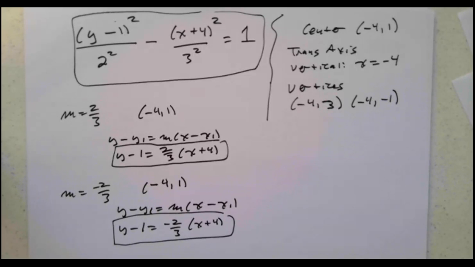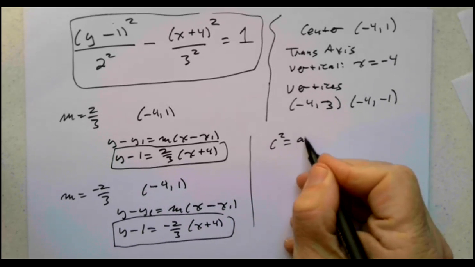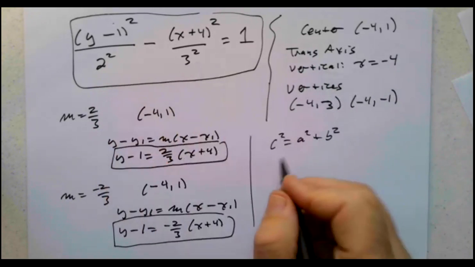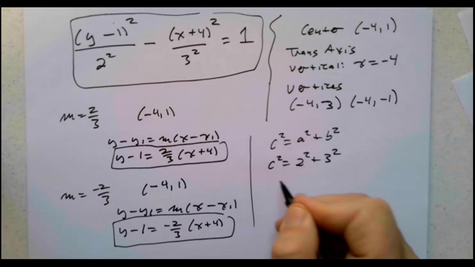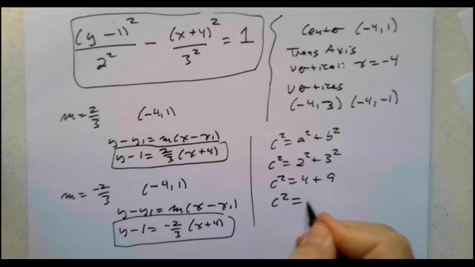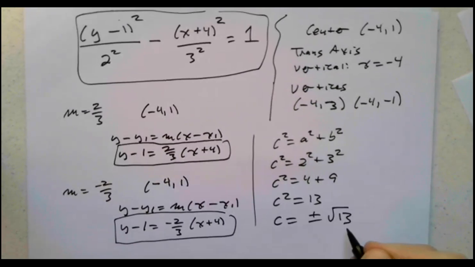What's our rule? For hyperbolas, c squared is a squared plus b squared. So a squared is 4 and b squared is 9. So c squared is 4 plus 9. C squared is 13. So c is plus or minus the square root of 13.